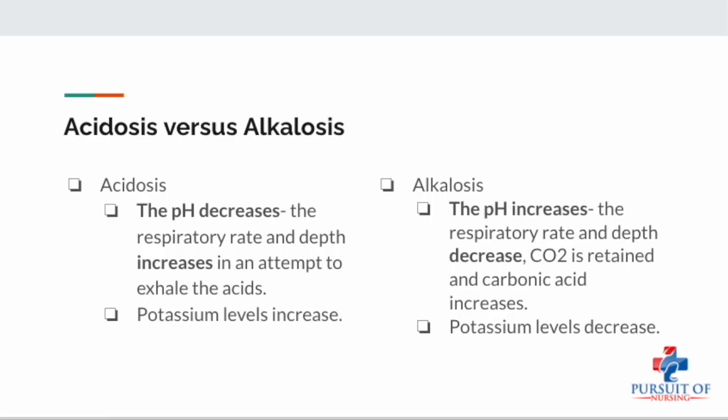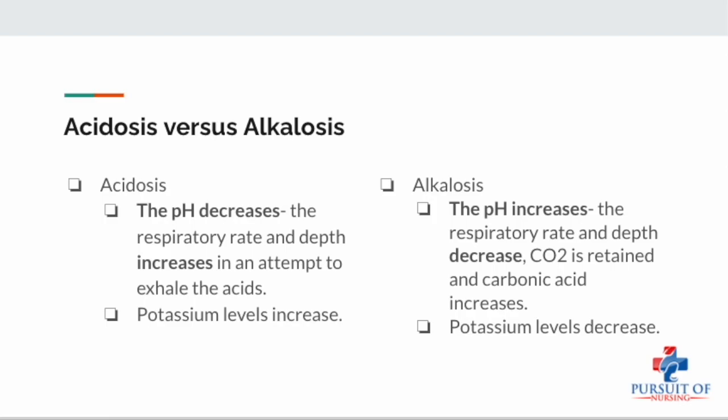So with acidosis, it's acidic, so your pH decreases. Whenever the pH decreases, your respiratory rate and depth increase in an attempt to exhale the excess acid. Your potassium level will increase as well in acidosis.